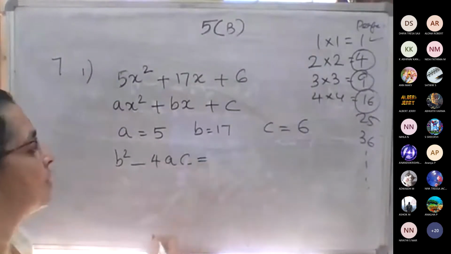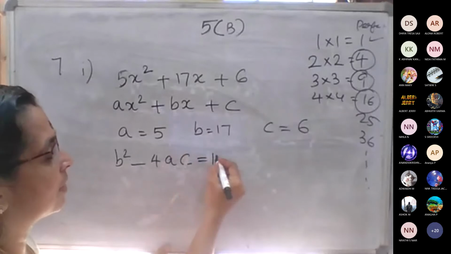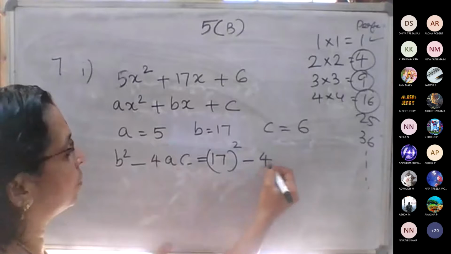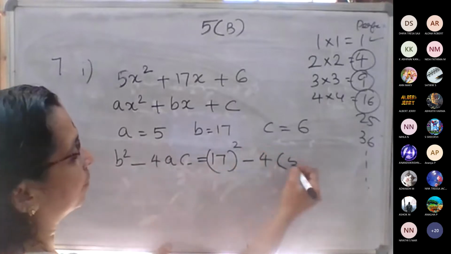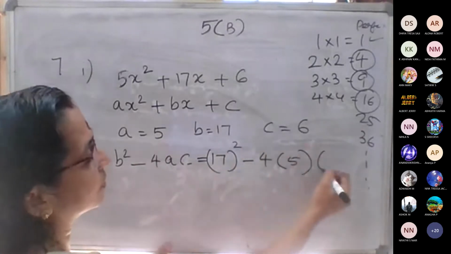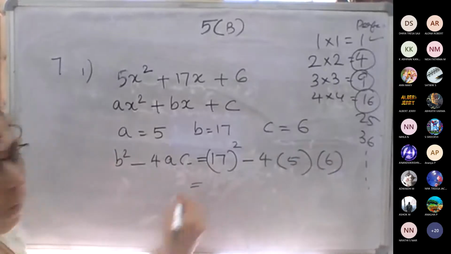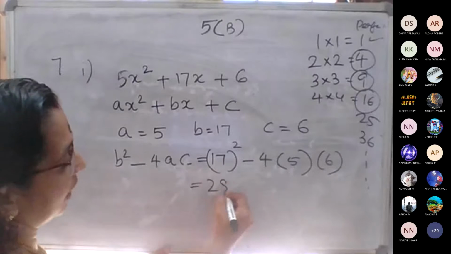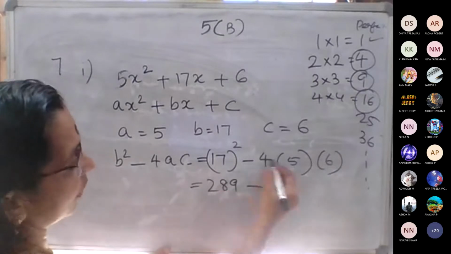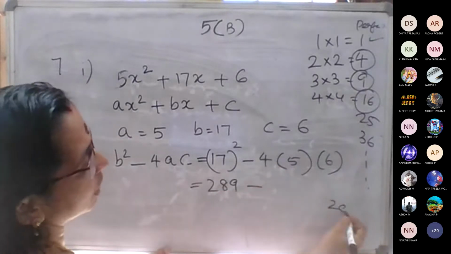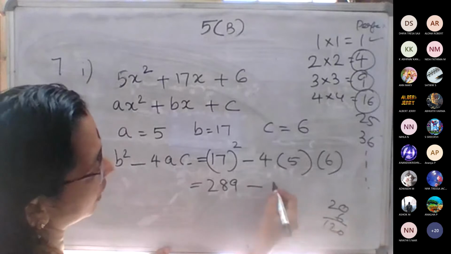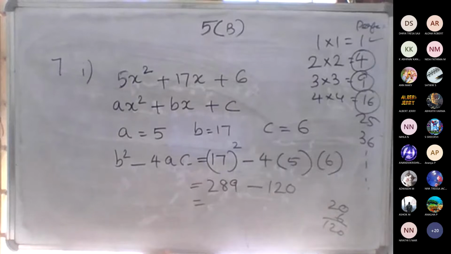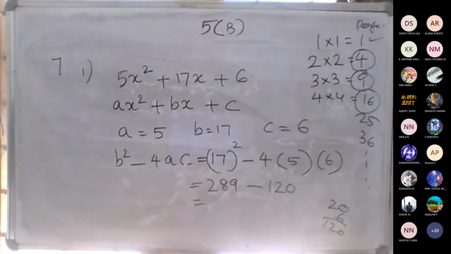That is 17 square minus 4 into a, 5, into c, 6. 17 square is 289, minus 5 fours are 20, 20 into 6 is 120. So 289 minus 120.